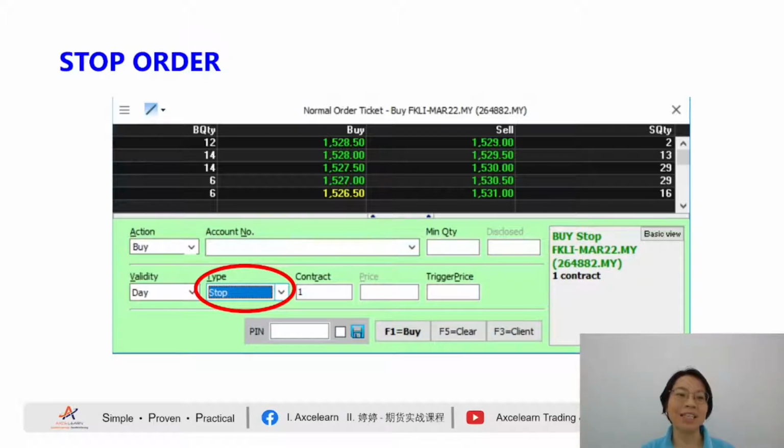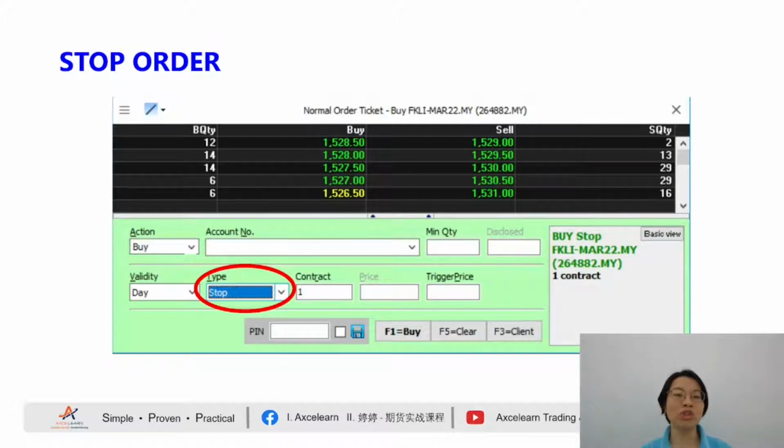Now, some of you might ask me this question. Let's say, for example, I forget to change it to stop orders. What will happen? This is the common question that people ask me. But rather than letting you understand it, if you did not change it from limit orders to stop orders, what is going to happen? I'd rather let you discover or experience it by yourself. Then you will remember very well. So you can test it out, and compare it with the limit orders, then you will know.